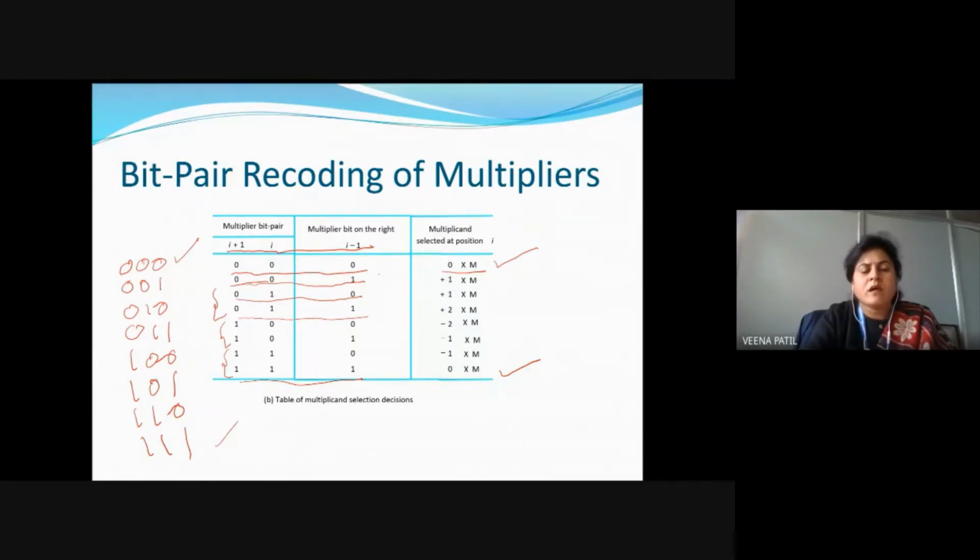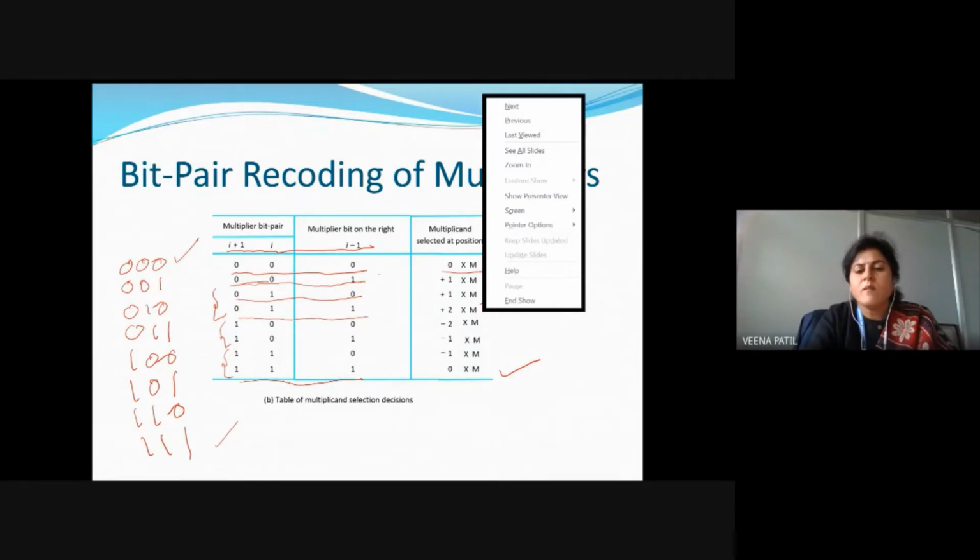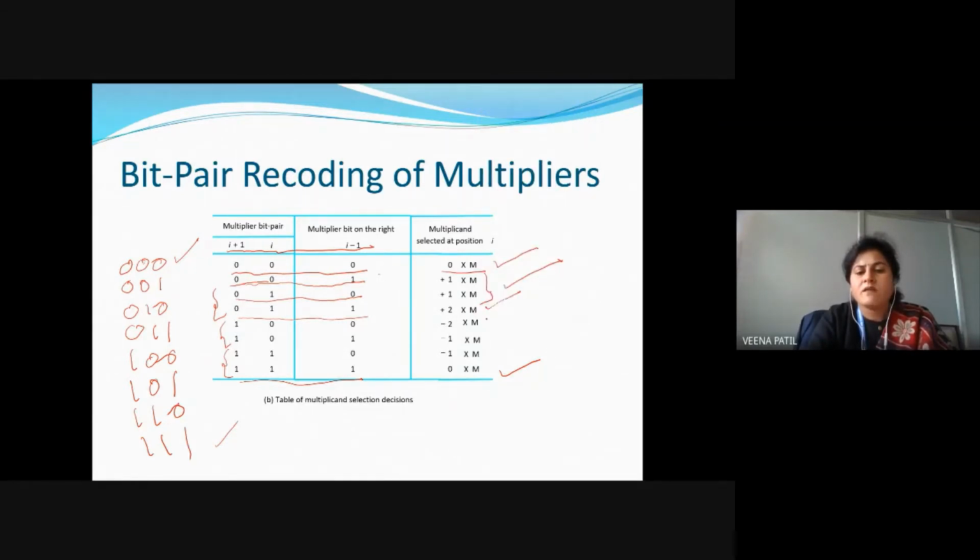If it is 001 or 010, then it is plus 1 into m. And if it is 011 and 100, we are going to write them as plus 2 into m and minus 2 into m respectively. Now similarly, the remaining two values, that is for 101 and 110, we are going to write it as minus 1 into m. I hope everybody has written this.